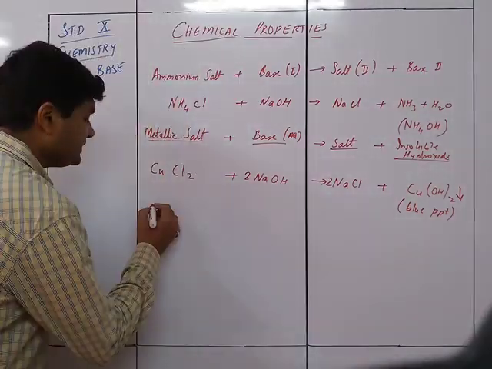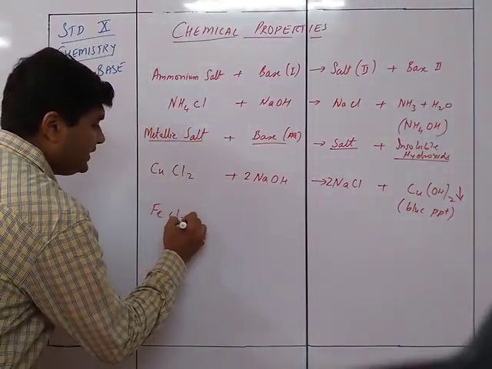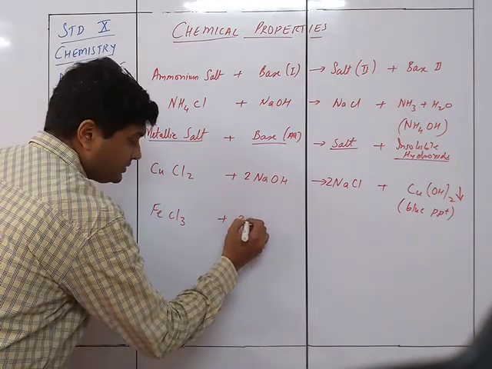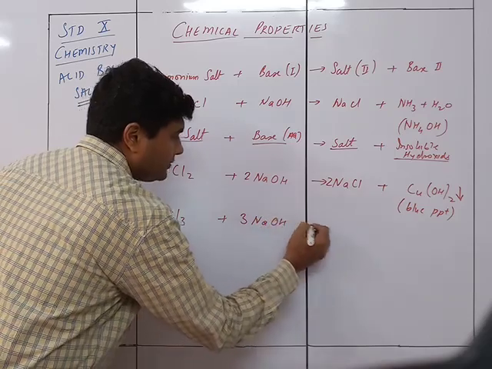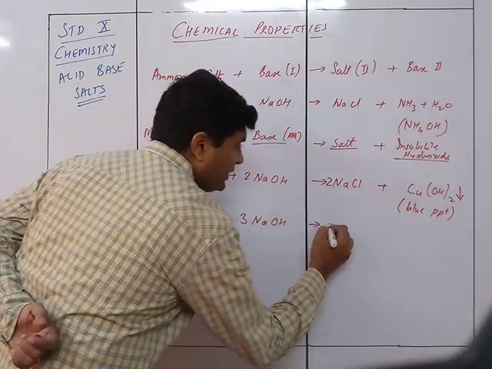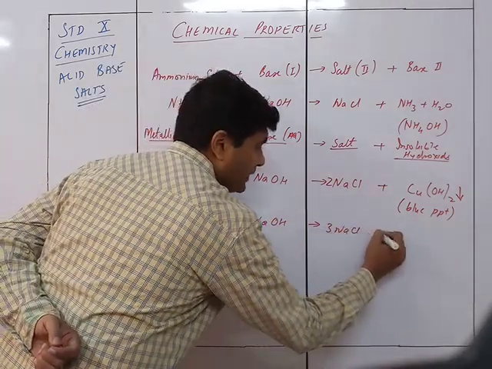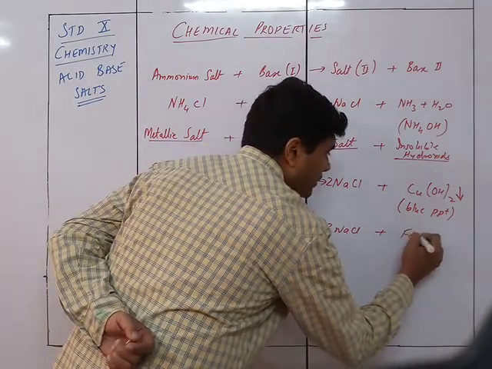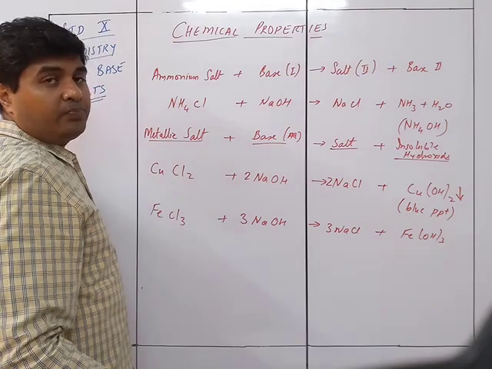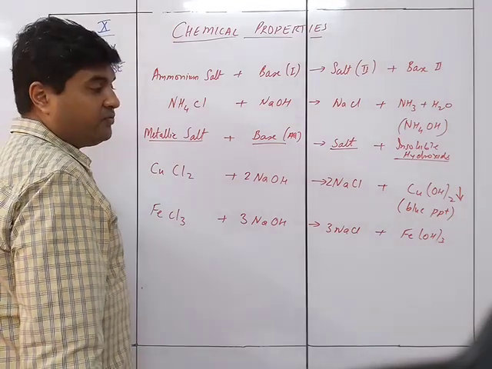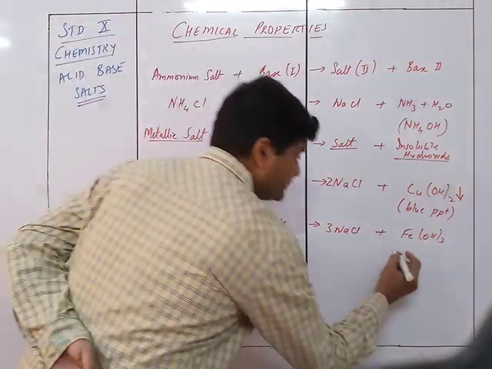The next one is FeCl3 plus 3NaOH, which gives me 3NaCl plus Fe(OH)3. This is Fe3+, which is ferric, so it is brick red, reddish brown.